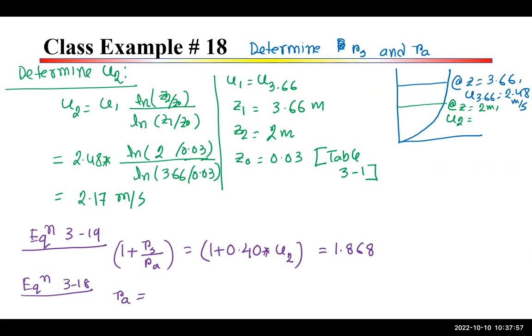So RA is, what is the equation for RA? 110 over U2. What is that? And all of these, when I said equation 3.19, 3.18, it's actually Gupta 4th edition, your textbook.